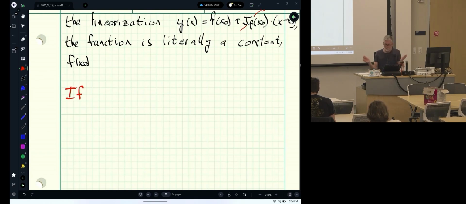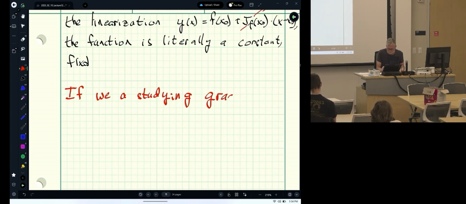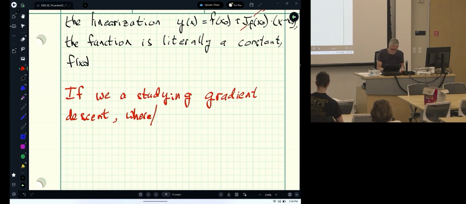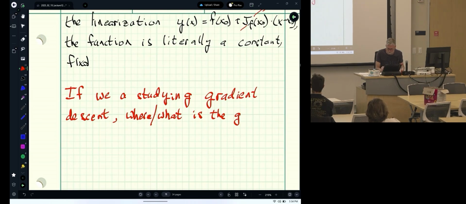Okay, so here I'm going to ask the question. If we are studying gradient descent, what is the gradient? Okay.